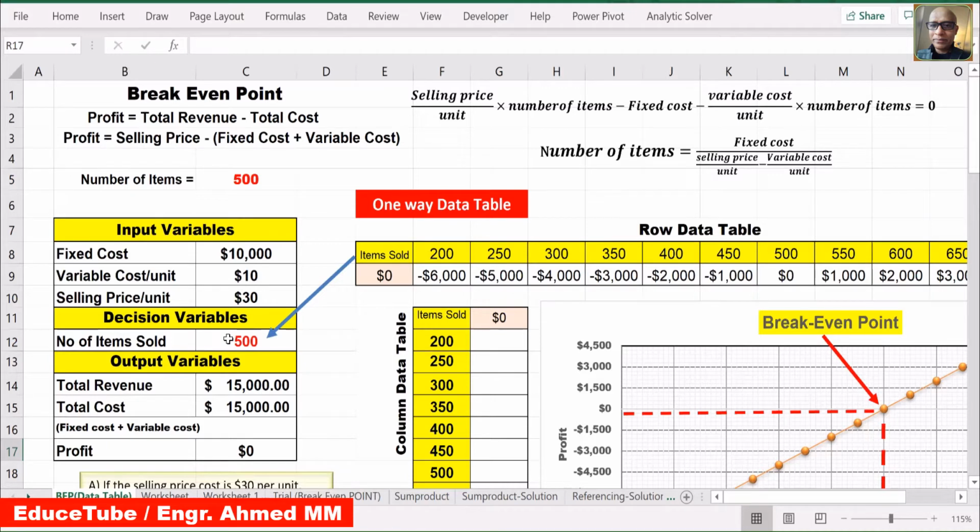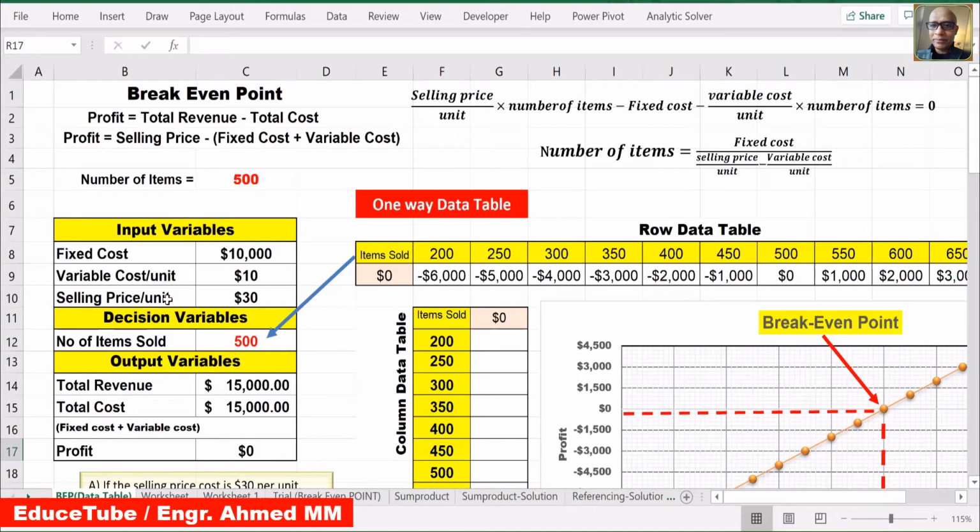So let's start with this formula. Here these formulas are used in developing the decision model for a company, for an example. And here we have input variables in terms of fixed cost, variable cost per unit, selling price per unit.